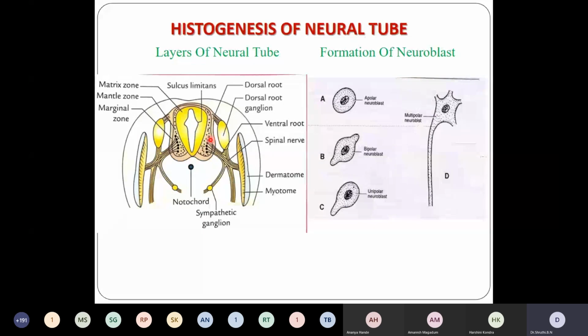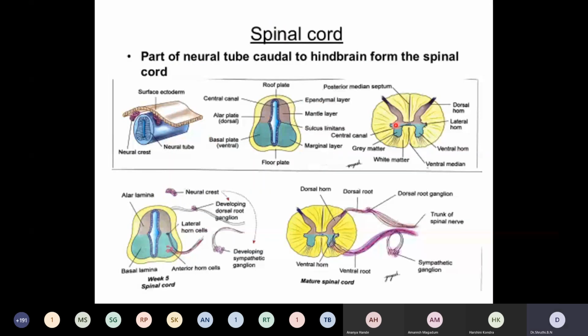Okay. A few cells from the basal and alar lamina proliferate and form the lateral horn of the spinal cord. This you see in the thoracic segment of the spinal cord.